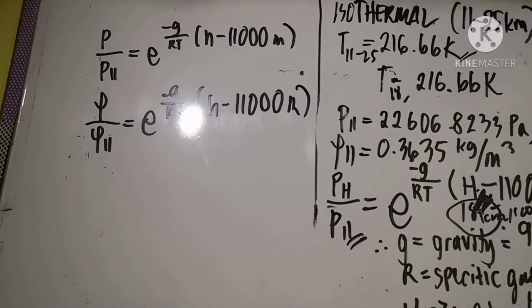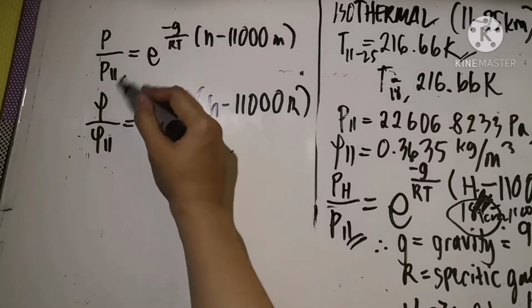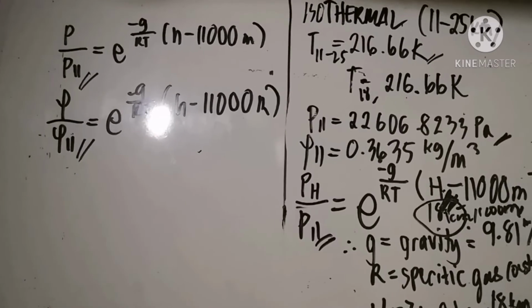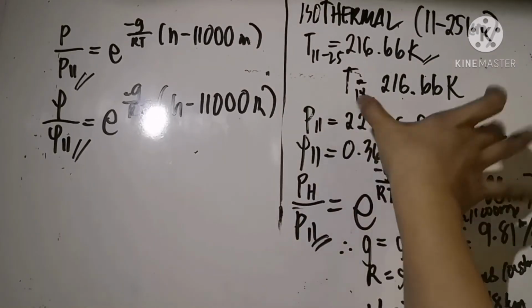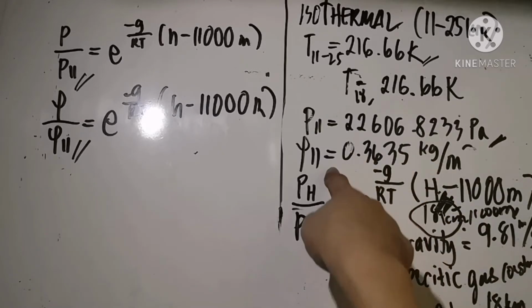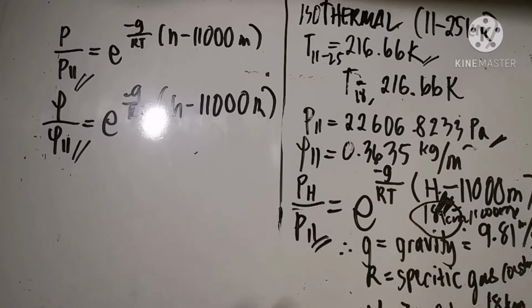Ang pinagkaiba lang nila ito nasa ilalim, which is constant: 22,606 pag pressure and 0.3635 for density.